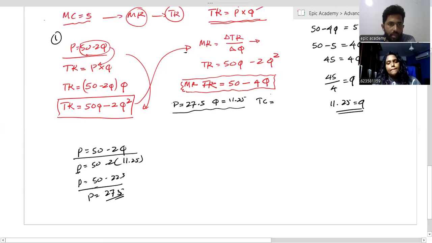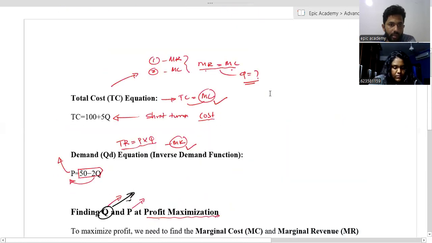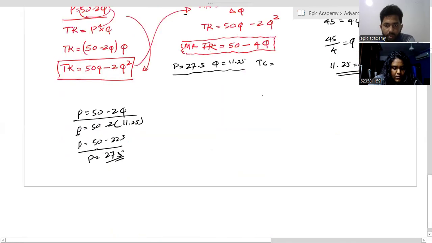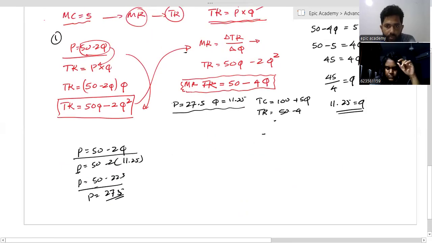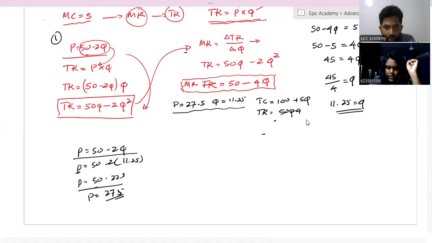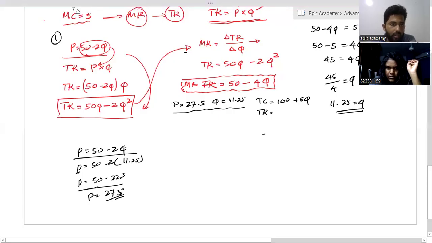TC is 100 plus 5Q. And TR is 50Q minus 2Q squared, isn't it? Yes.